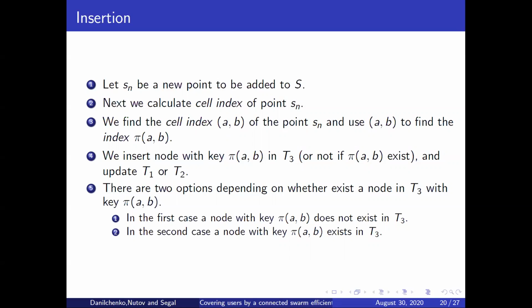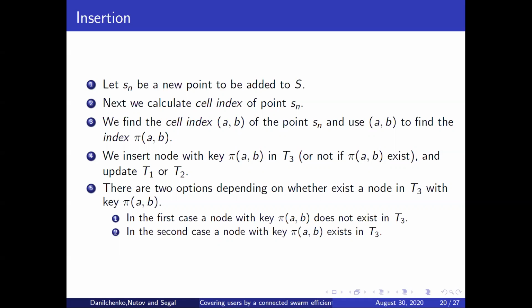In T3, we will insert a node with key pi AB, and a node with key equal to the weight of cell pi AB is inserted into T2. Also, the node with key pi AB in T1 has a pointer to the node with key equal to the weight of cell pi AB in T2. The insertion of a new node in T1 and T3 takes log n runtime.